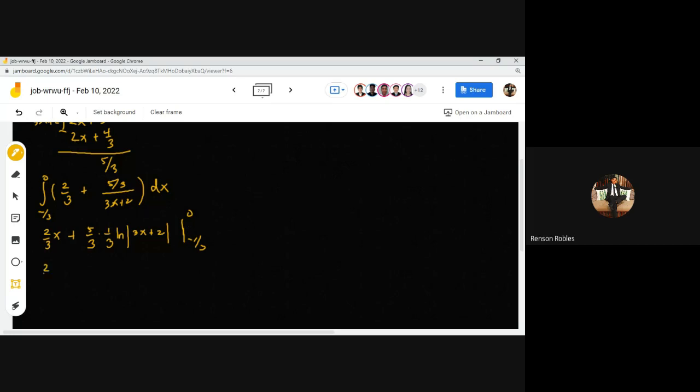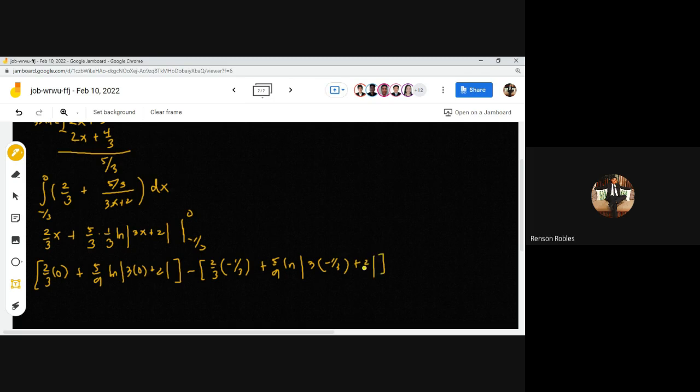You have 2/3 times 0 plus 5 over 9 ln of 3 times 0 plus 2, then minus 2/3 times negative 1/3 plus 5 over 9 ln of 3 times negative 1/3 plus 2. Then you have 0. Then you have 5 over 9 ln of 2.